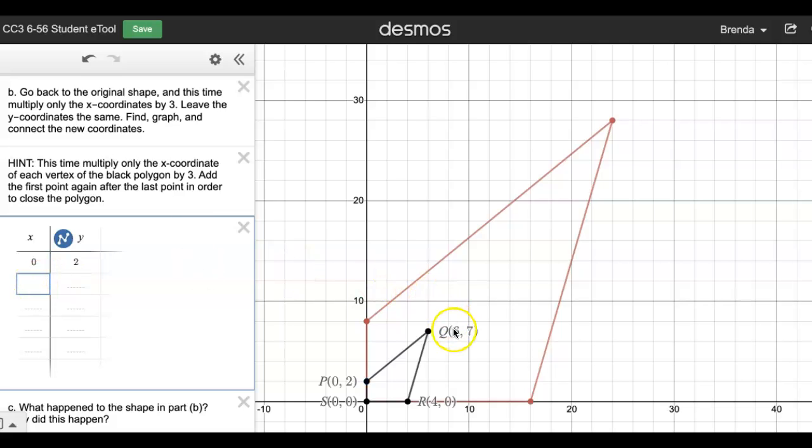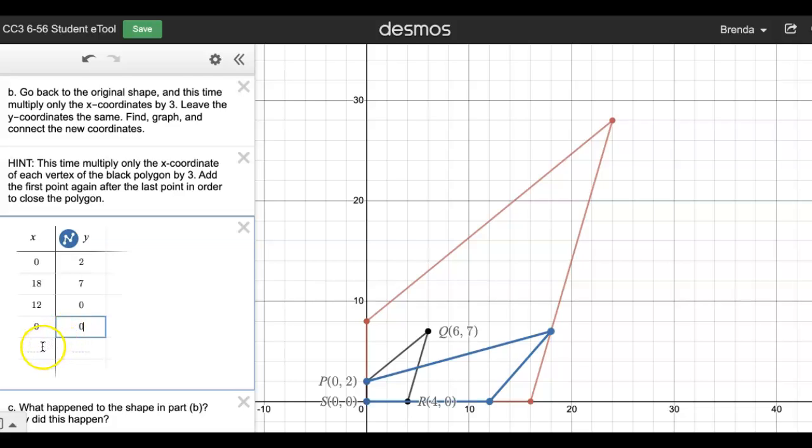I'm going to multiply my 6, 7 coordinate by 3, just the 6 by 3, so I get 18 and 7. My R point is 3 times 4, so that's going to be 12. We're going to leave the y alone, and then 0, 0 stays the same. And then we're going to go back to 0, 2, so we can close the polygon.